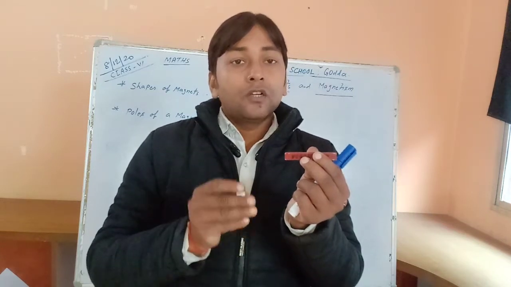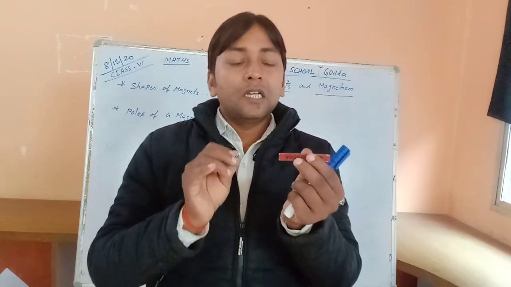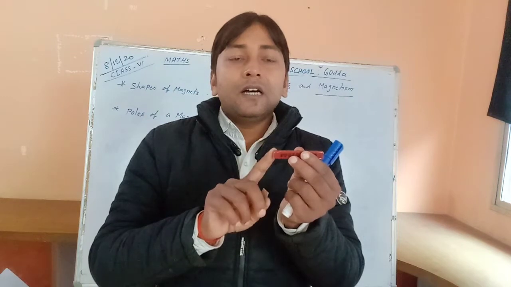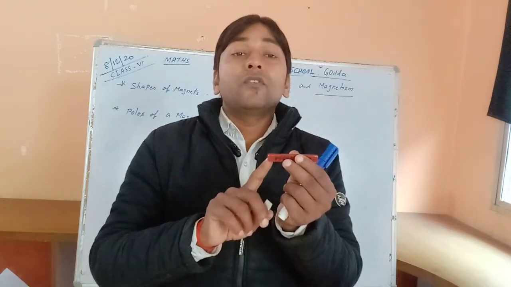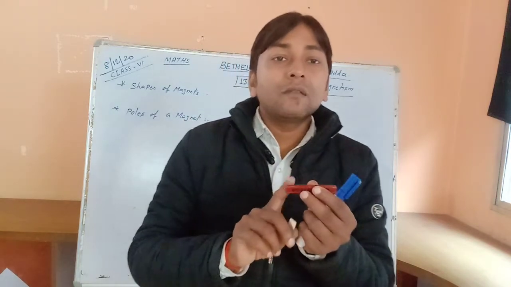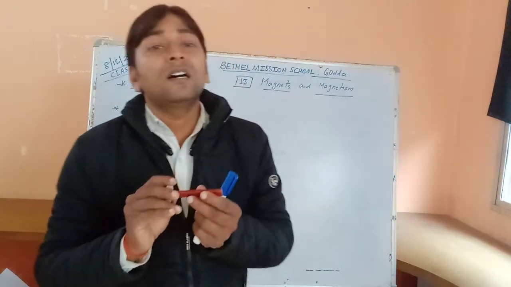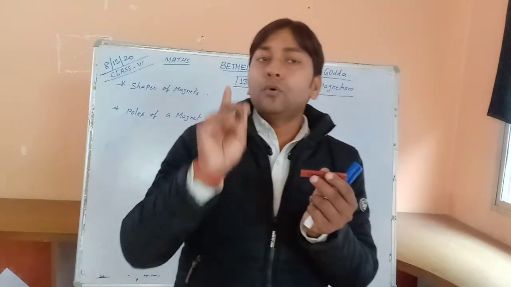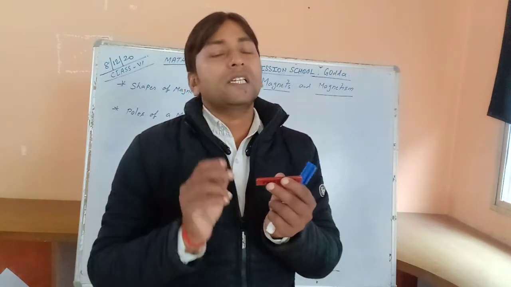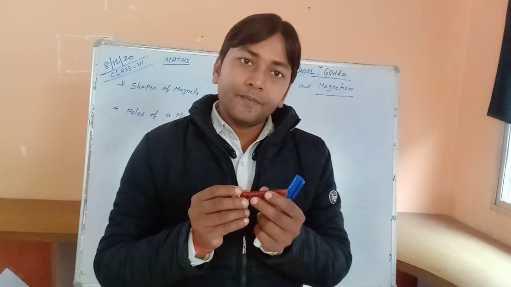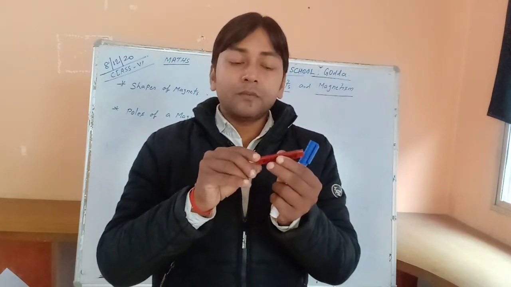Once again I repeat: where the power of attraction or magnetic force of a magnet is maximum, that point is known as the magnetic pole of the magnet. So where are the magnetic poles of this magnet?